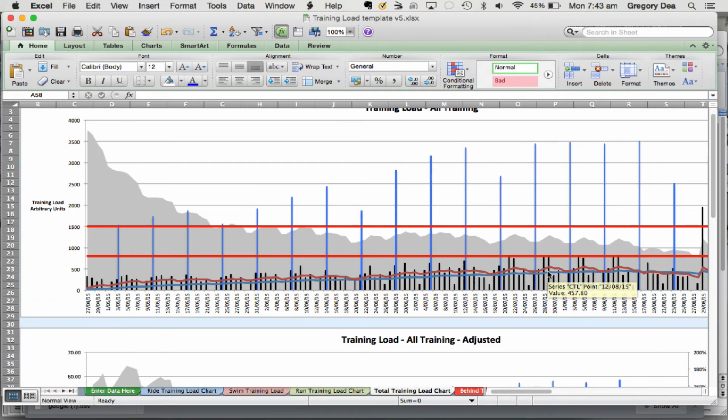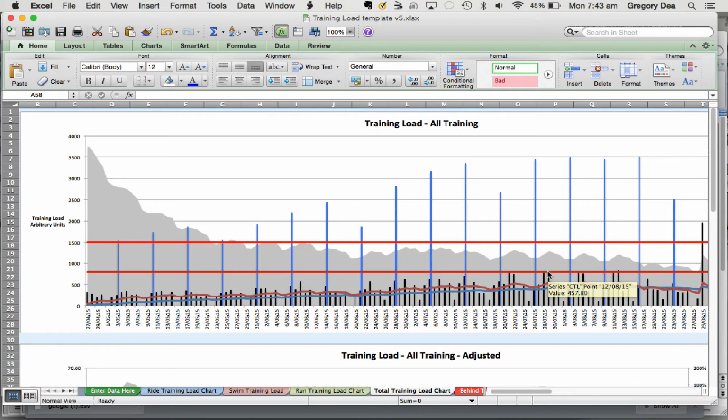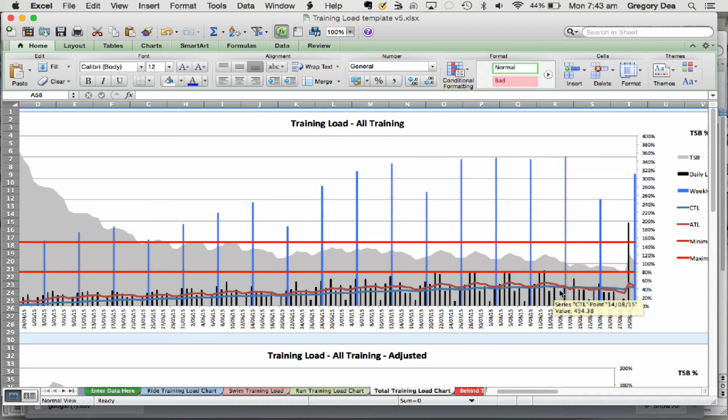The reason that I did split up the training loads between the 3 events is because if we just had all of the sessional loads for the triathlon training, we would have this chart, and that would tell us that the athlete has gained fitness, is fresh by the end of the session, and has had a macro cycle which is quite inviting.